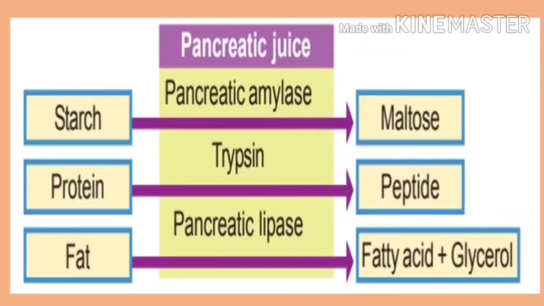So the byproducts formed in the small intestine after digestion are maltose, peptides, fatty acid and glycerol. I hope you understood the function of pancreatic juice.